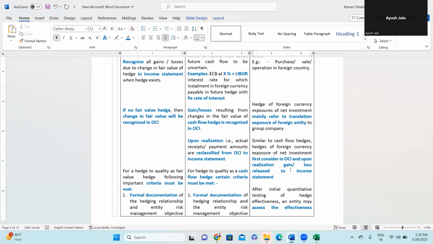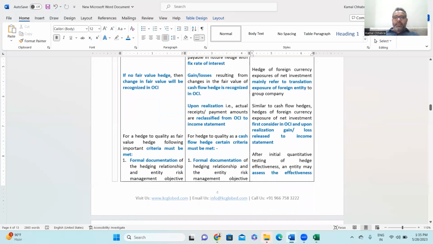Okay, got it. Right. Hedge of foreign currency exposure of net investment, mainly referred to as translation exposure in foreign entity to the group company. Similar to cash flow hedge. Hedge of foreign currency exposure of net investment is first considered in other comprehensive income, and upon realization of gain and loss, it is transferred to the income statement.